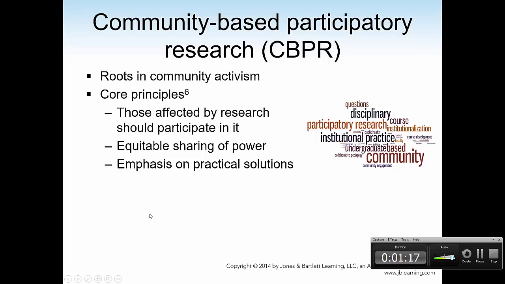Now, when it comes to trying to make community policy or government policy or something like that, it's important to get the community involved.